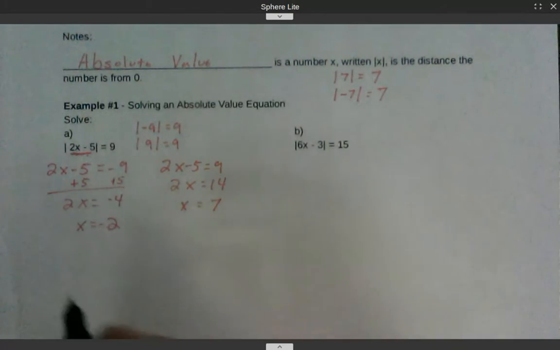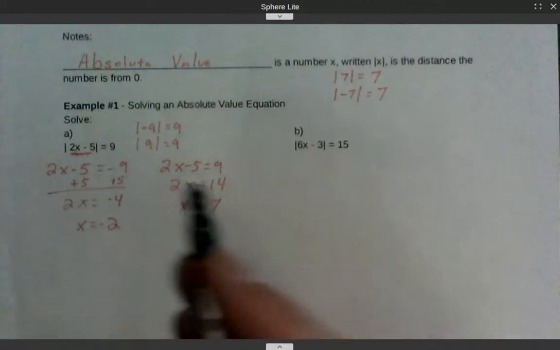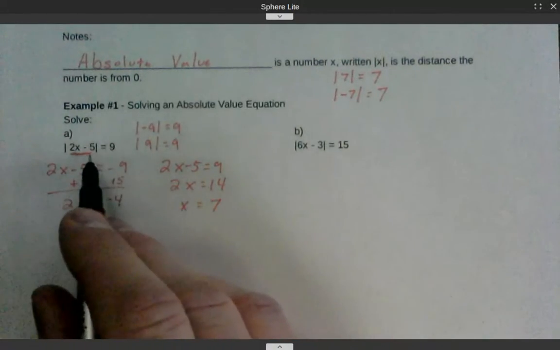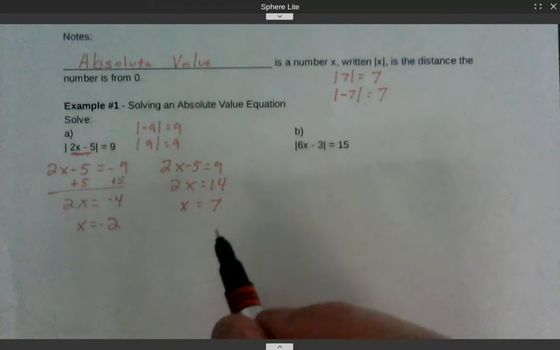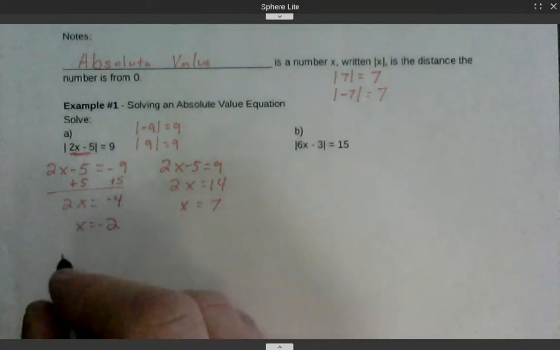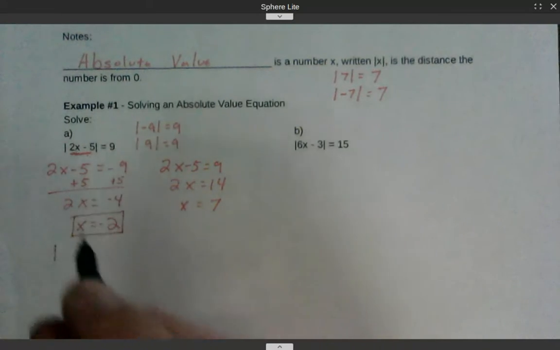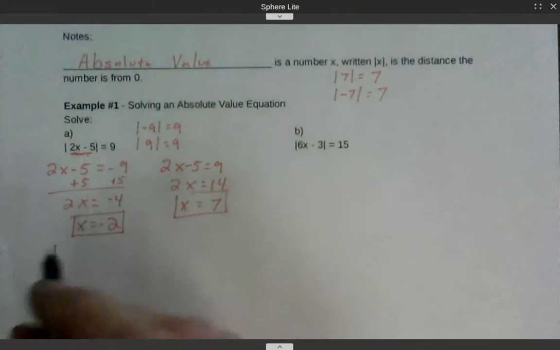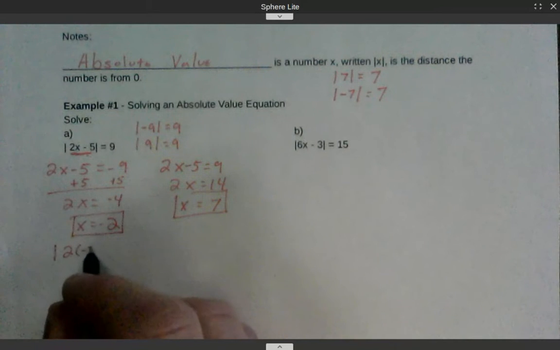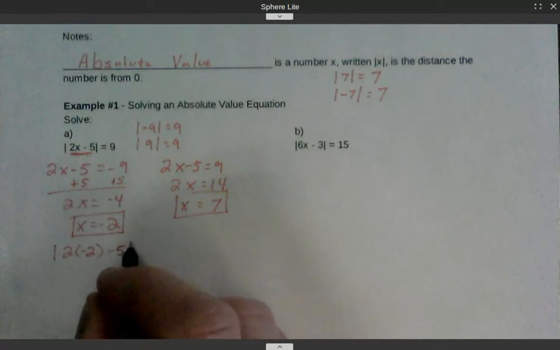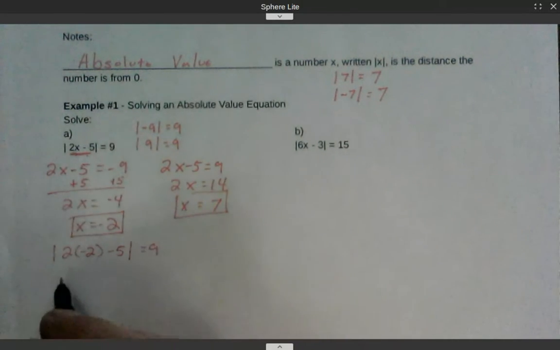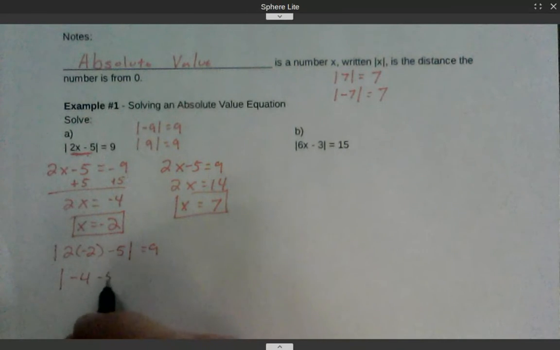Now, if we plug both of these in, we should see that it gives us the absolute value of a negative 9 and a positive 9, and our answer will be 9. If we wanted to, we could plug it in. These, however, are my answers. So if I take 2 times negative 2 minus 5, I get negative 4 minus 5.